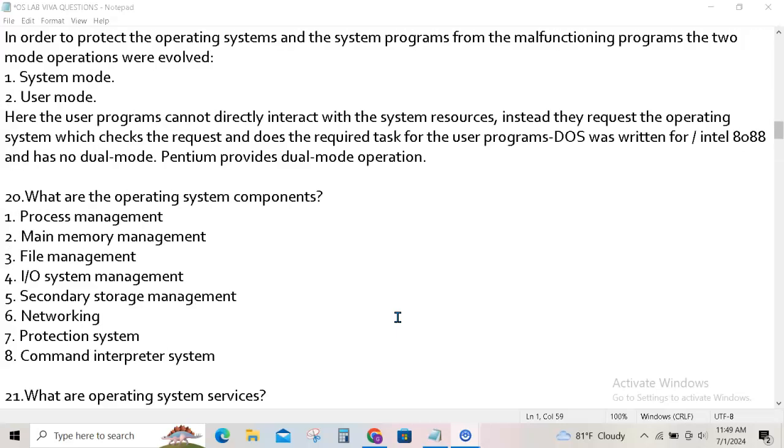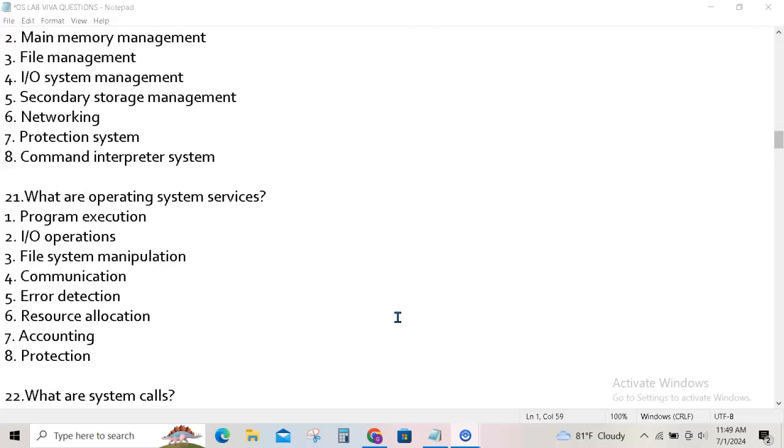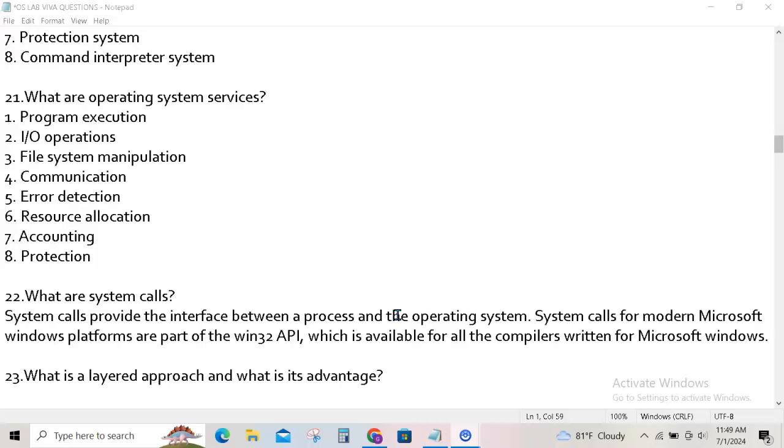Next, what are the different components of an operating system? An operating system can perform process management, memory management, file management, input-output system management, secondary storage management, networking, protection, communication, etc. Next, what are different services provided by an operating system?